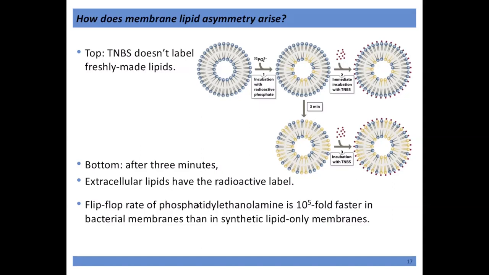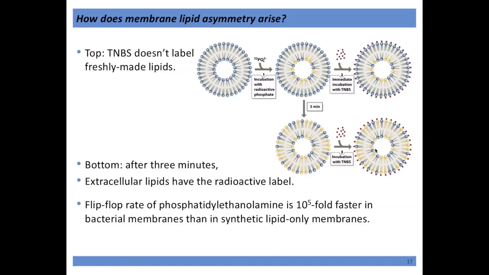The flip-flop rate for phosphatidylethanolamine is 10 to the 5-fold faster in bacterial membranes than in synthetic lipids only. If you just had synthetic lipids, as we talked about before, the movement of a lipid from the outside in or inside out is very, very slow. So something is helping those lipids move from the interior leaflet to the outside leaflet.